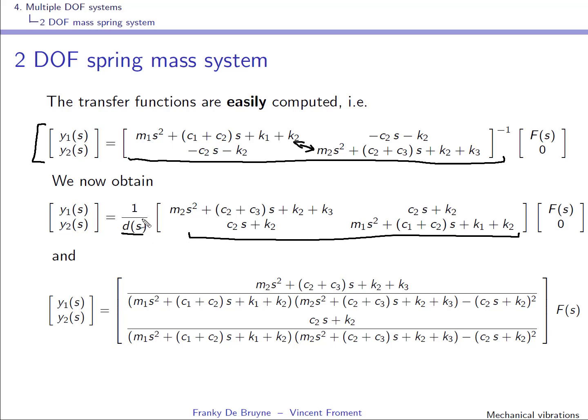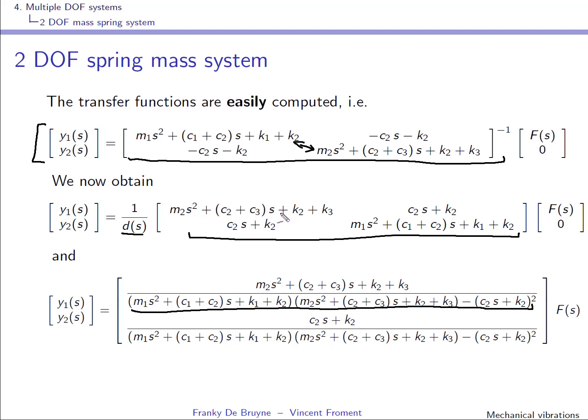So the determinant, well, it's simply this times this minus this times this, and you obtain this denominator, right? What you see on the denominator is indeed the determinant of this matrix.